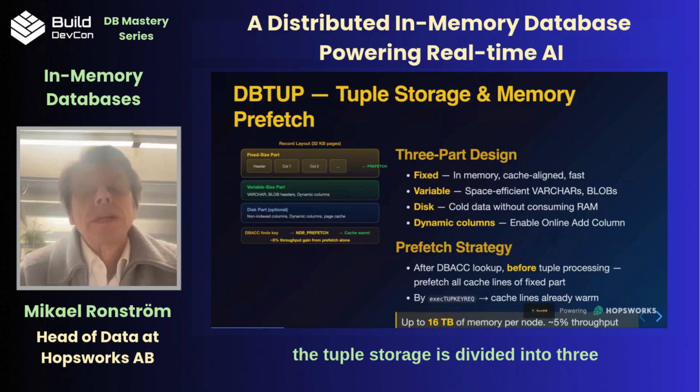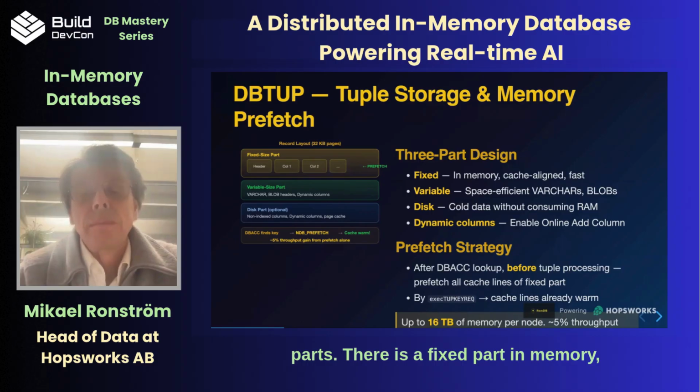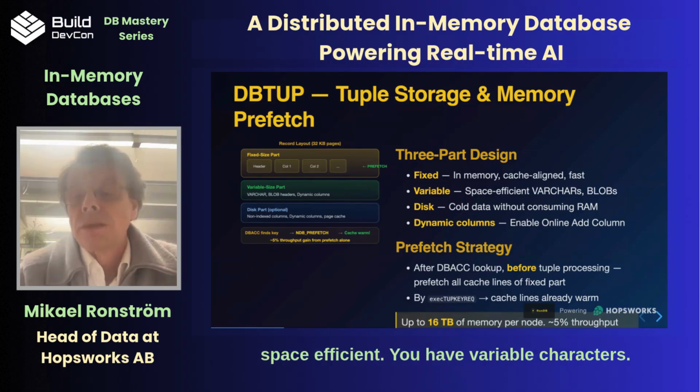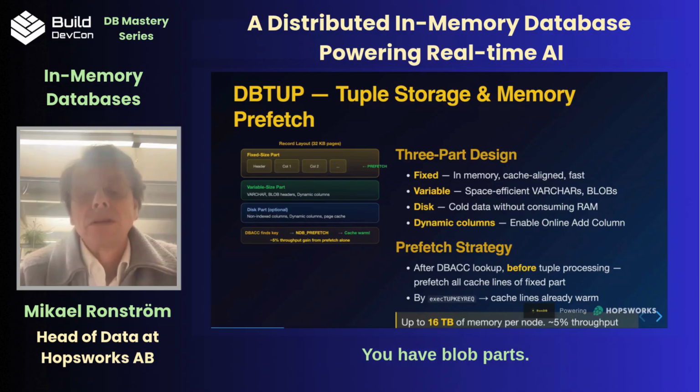Now, the tuple storage is divided into 3 parts. There's a fixed part in memory, cache aligned, very fast. So usually the primary key resides in that area. You have a variable space part where you're space efficient. You have variable characters, you have blob parts, and you even have dynamic columns.